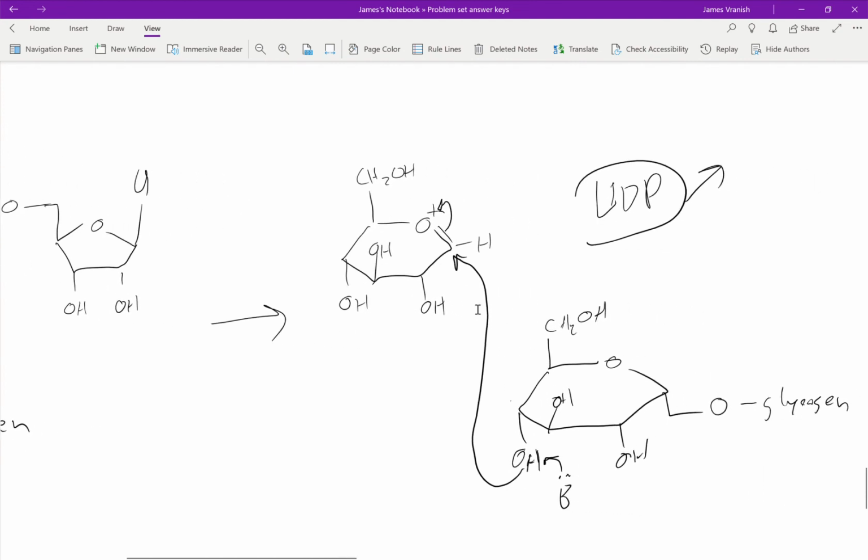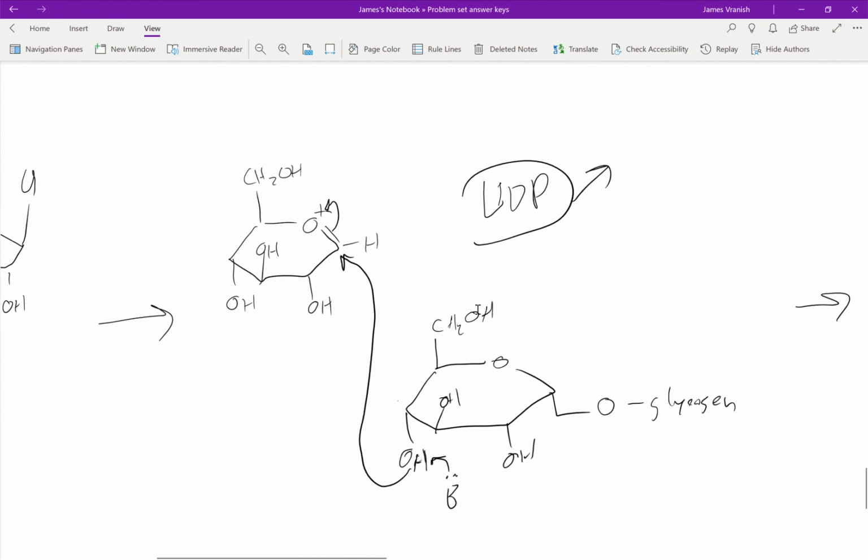Now we have this positively charged oxygen intermediate, and just like last time above, we could alternatively draw that positive charge on carbon 1 by pushing the 2 electrons in the double bond up onto the oxygen as a lone pair. At this point, carbon 1 is extremely electrophilic.